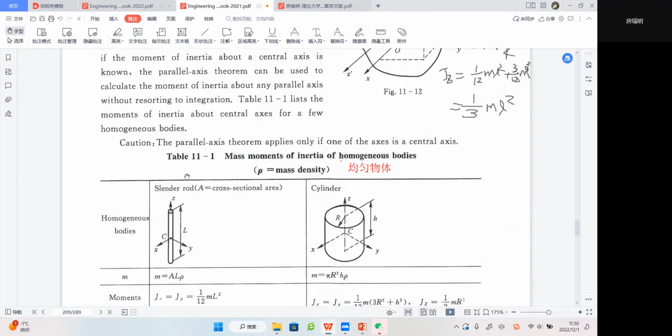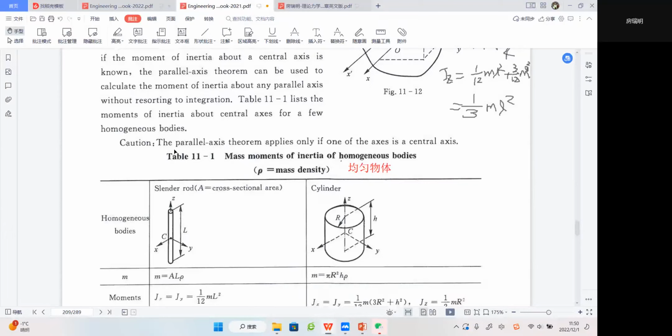This axis through the center is 1/12 ML squared. I hope you can remember this.